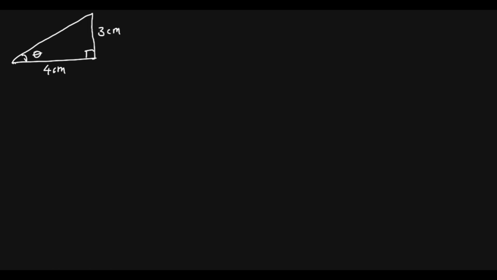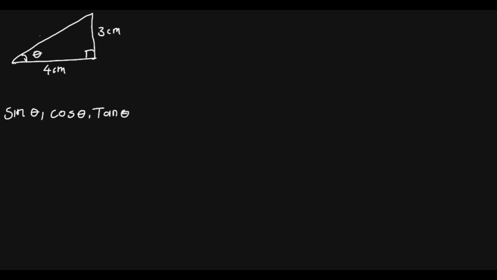The question is, we want to find the value of sine theta, cos theta and tan theta. Since we are required to find all three trig ratios, we need to have all three distances. Looking at the data that we have, we can see that we have two distances, and we now want to find the third distance.